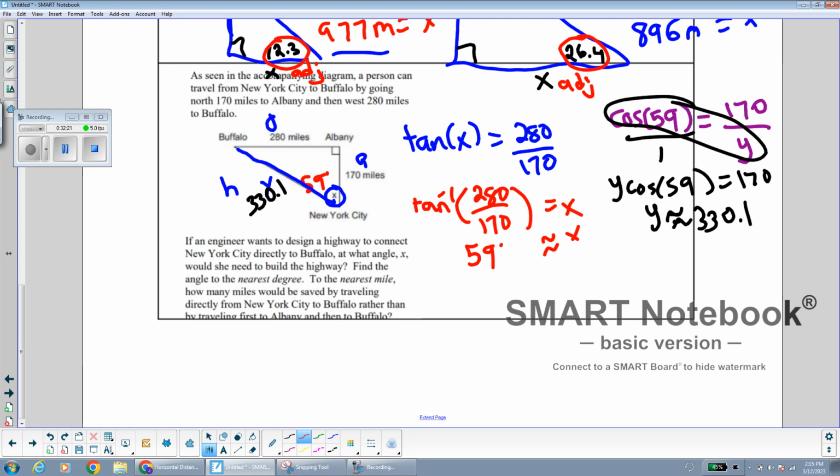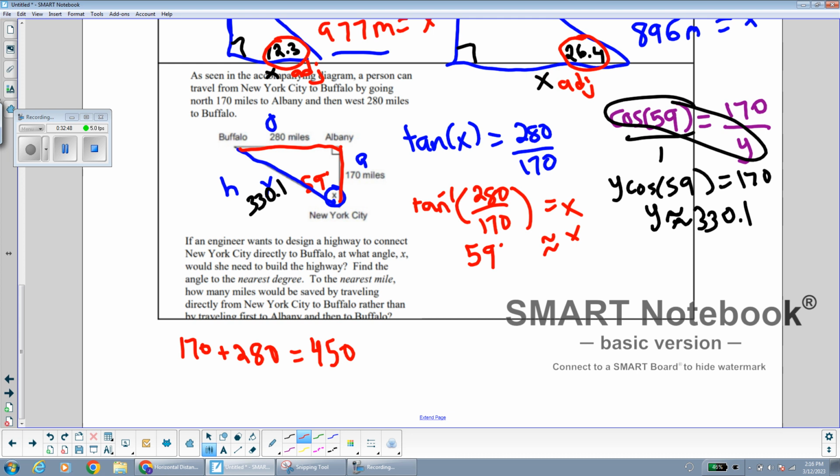If this person was to go from New York City to Albany and then to Buffalo, they would be traveling 170 miles and then another 280 miles. So they'd be traveling 450 miles. I'll write that here: 170 plus 280 is equal to 450.